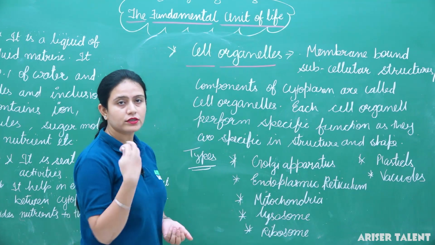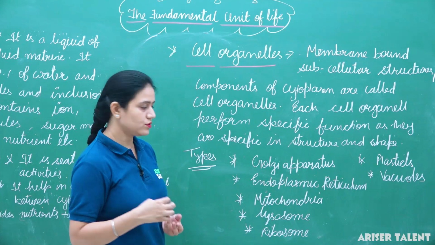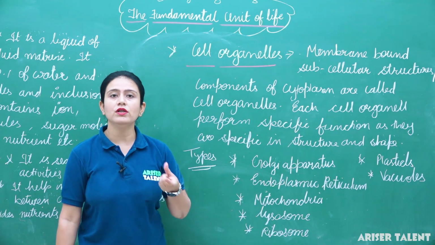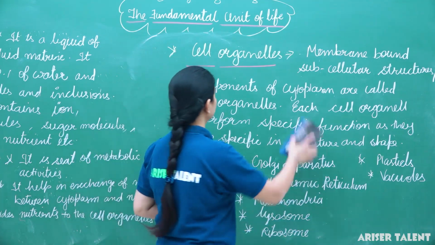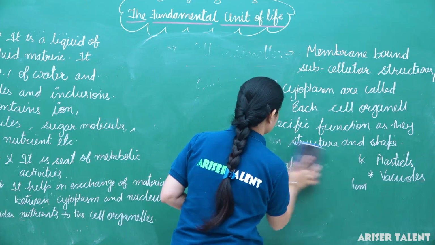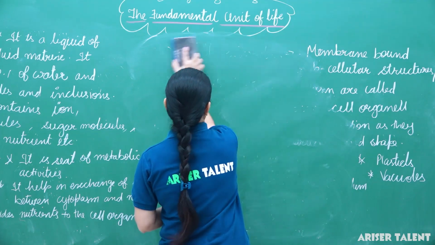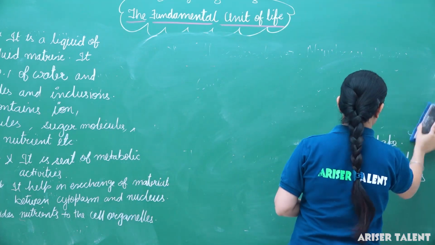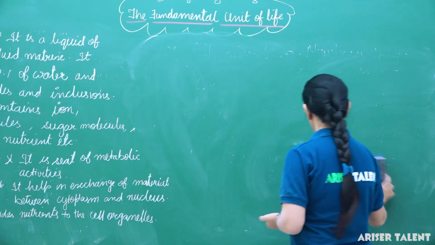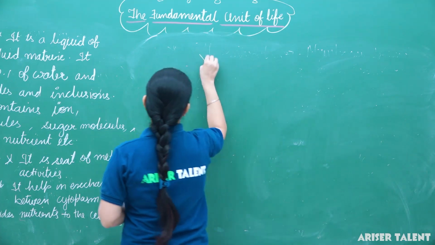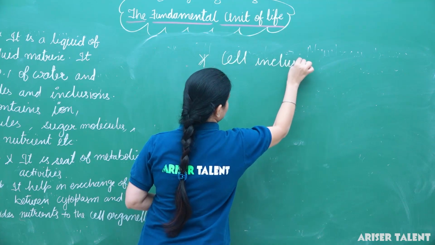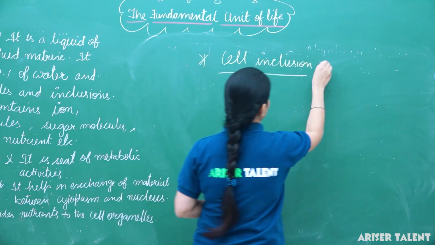Now, we will talk about the third part, that is cell inclusion. Generally, cell inclusion is non-living material of the cell. What is cell inclusion?